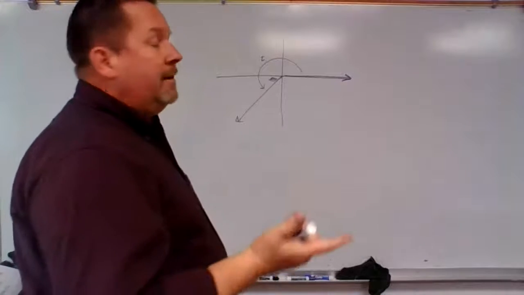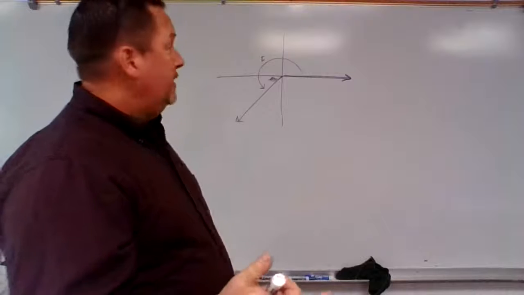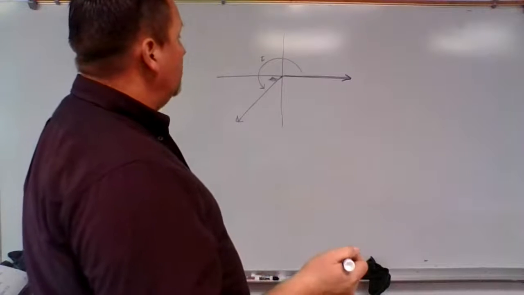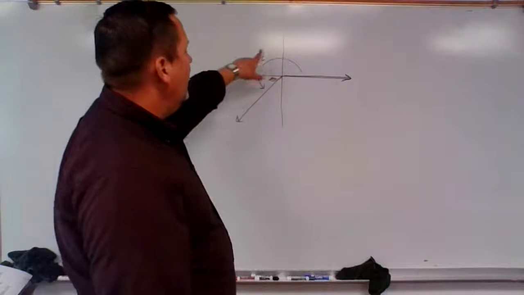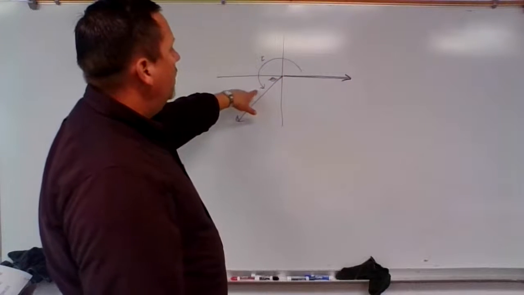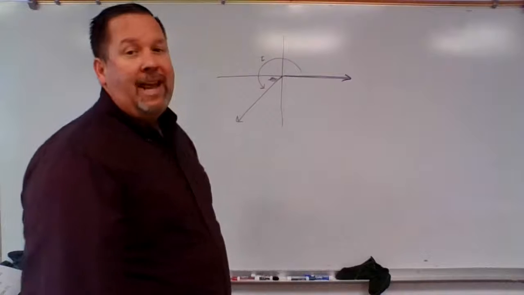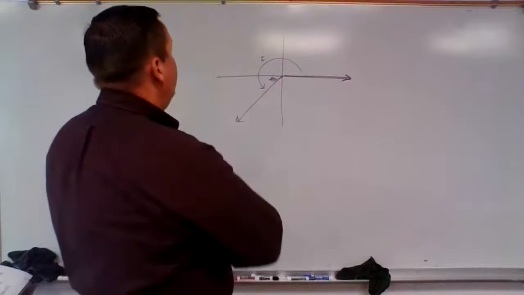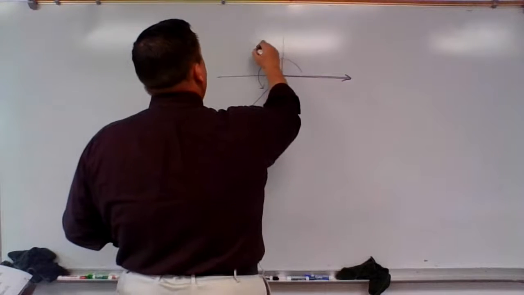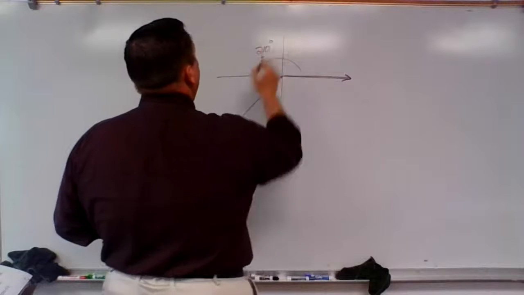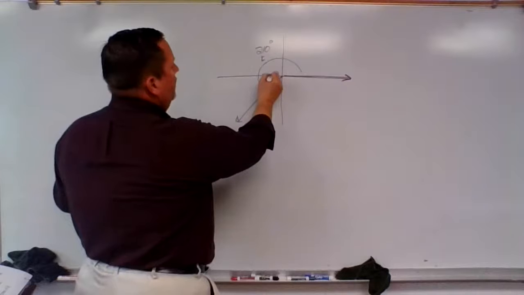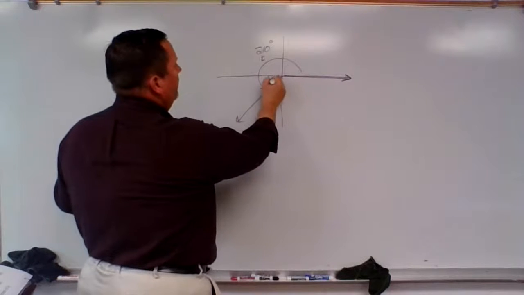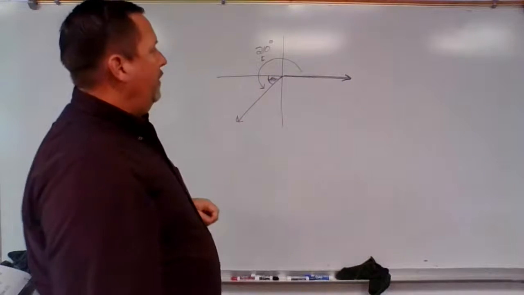This is what I mean. Let's stay in degrees for a little bit because you guys are more comfortable in degrees. If I knew that angle T here was 210 degrees, I want to write 210 degrees here for angle T. What would be the measure of that angle theta, that reference angle?